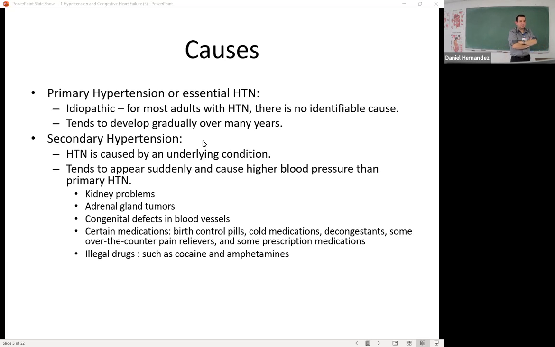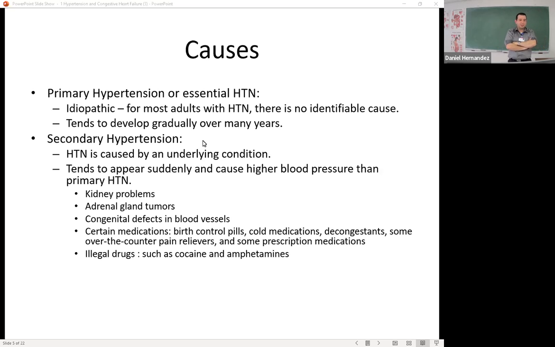With secondary hypertension, this is hypertension where we're able to discern the root cause of that hypertension. It tends to appear suddenly and can cause higher blood pressures than primary hypertension. Some of those secondary causes could be kidney problems, adrenal gland problems, patients that have congenital defects in their blood vessels, some patients who have perhaps a coarctation or fibromuscular dysplasia, patients who suffer from any type of arteritis.